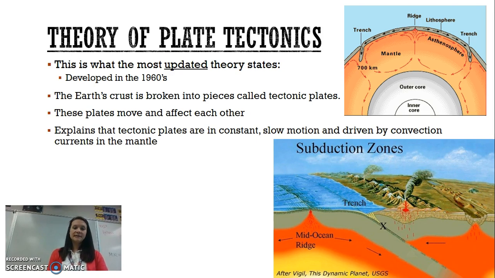This theory explains that the plates are in very constant, slow motion. It's not fast, it's not random. Every day it moves a little bit. It doesn't start and stop. It's pretty constant, slow motion, and it's being driven by something called convection currents that are happening in the mantle. We'll talk about that on the next slide.